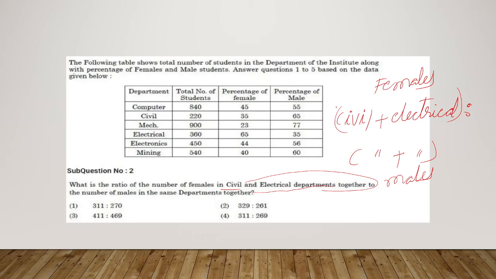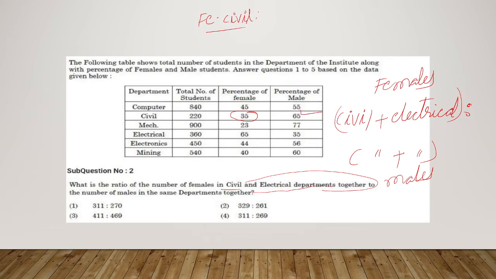Here we have to find the total of 4 percentages. Okay, female in civil, how many? 35%. If we find this percentage for the same departments, we can easily find the other also.